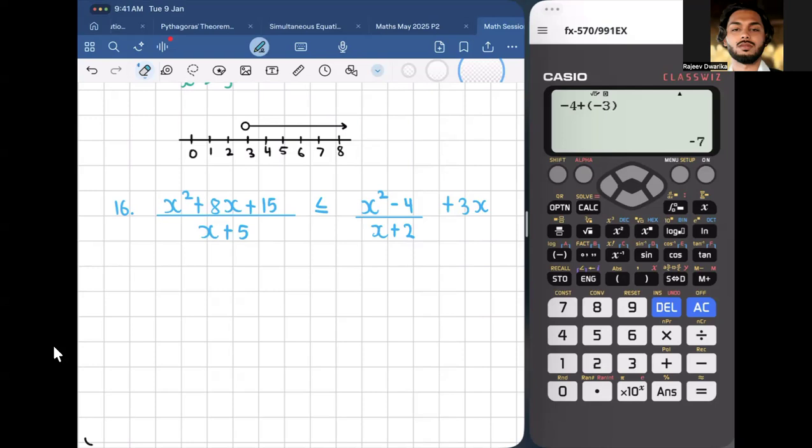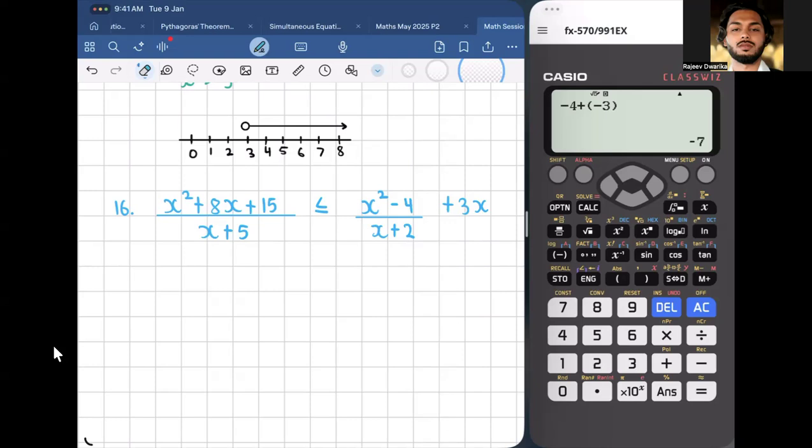You know what I'm saying? The minus 4x plus the x is going to turn to minus 3x. X minus 4x is minus 3x.